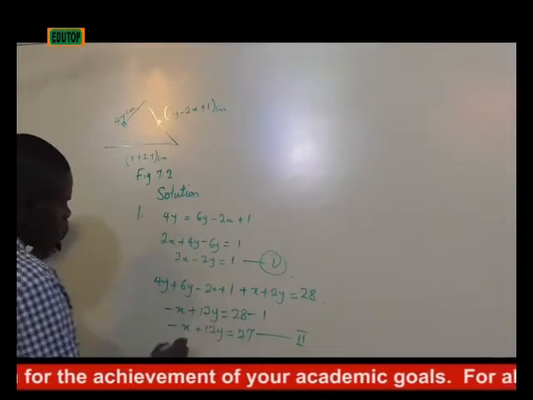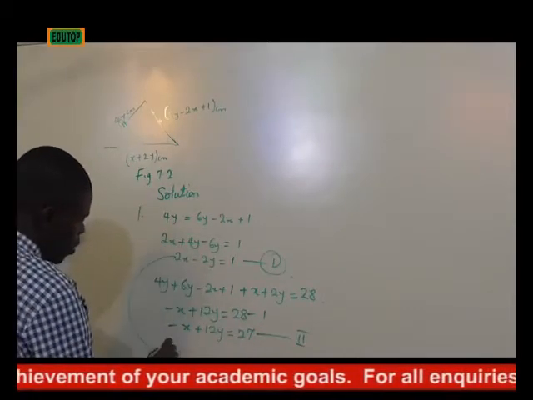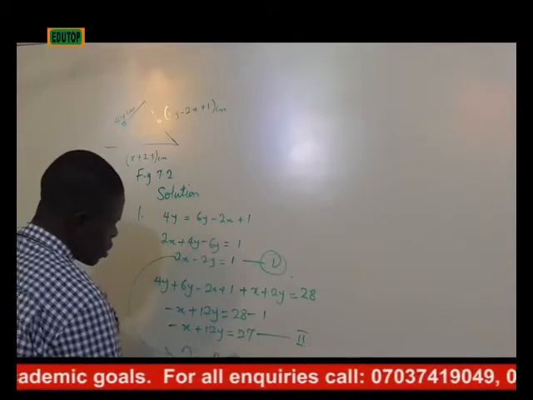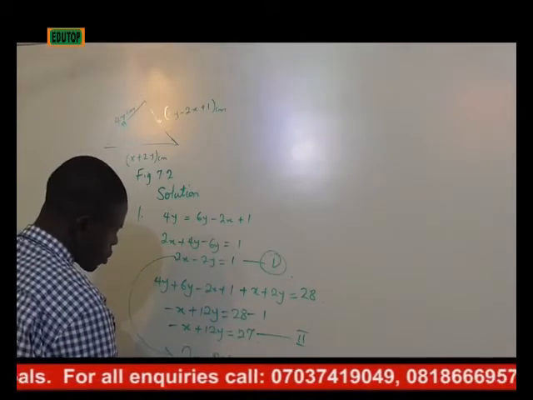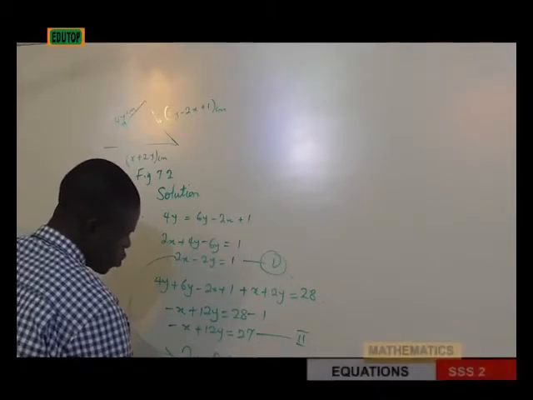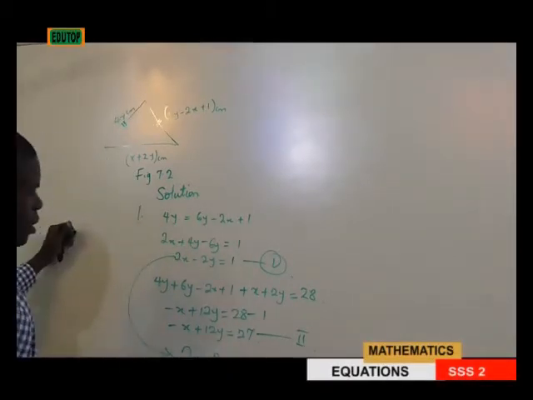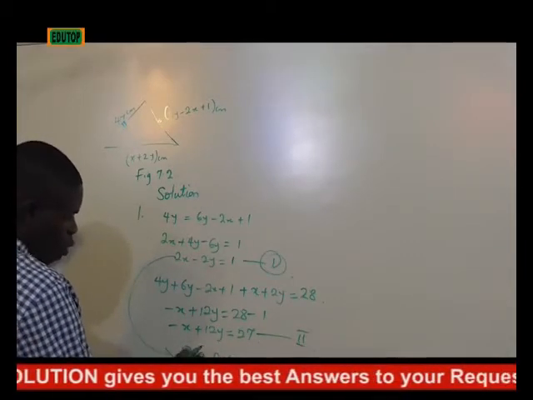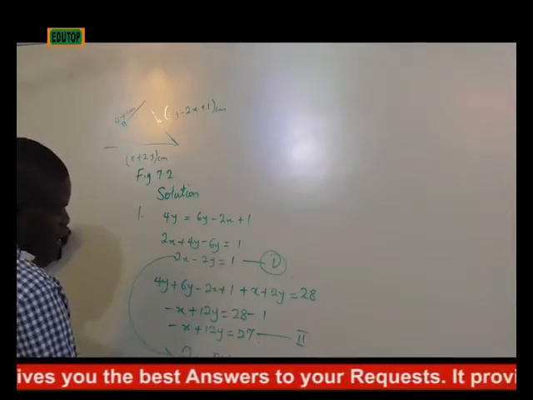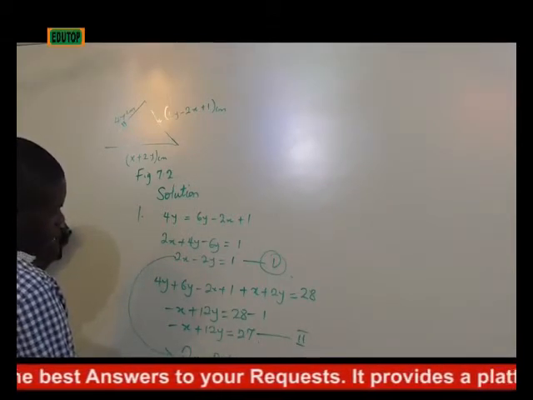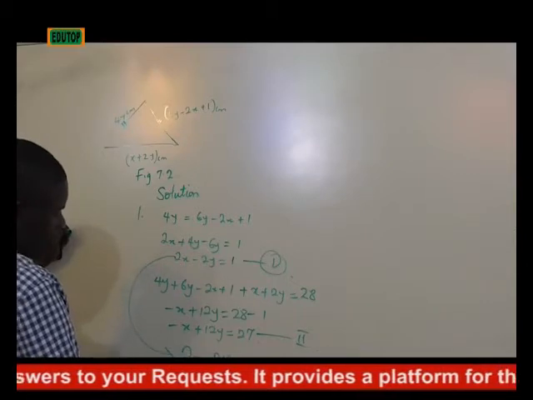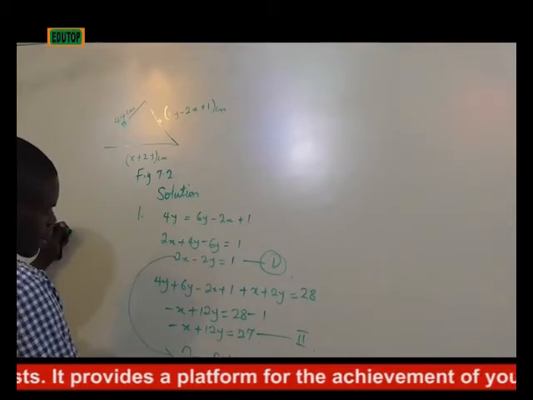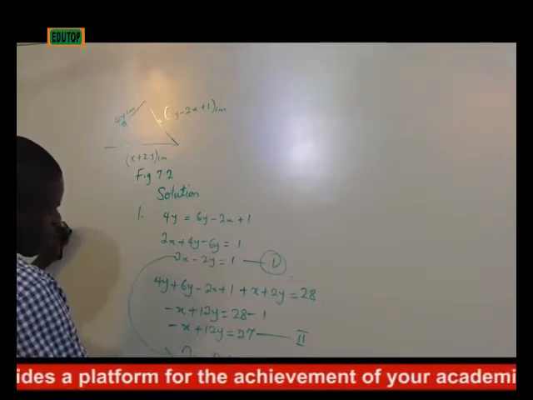By combining both equations, we have equation 1: 2x minus 2y equals 1. Then we have minus x plus 12y equals 27. We need to eliminate x, so we need to equalize the coefficient of x. This one has a coefficient of minus 1 and this one has a coefficient of 2.